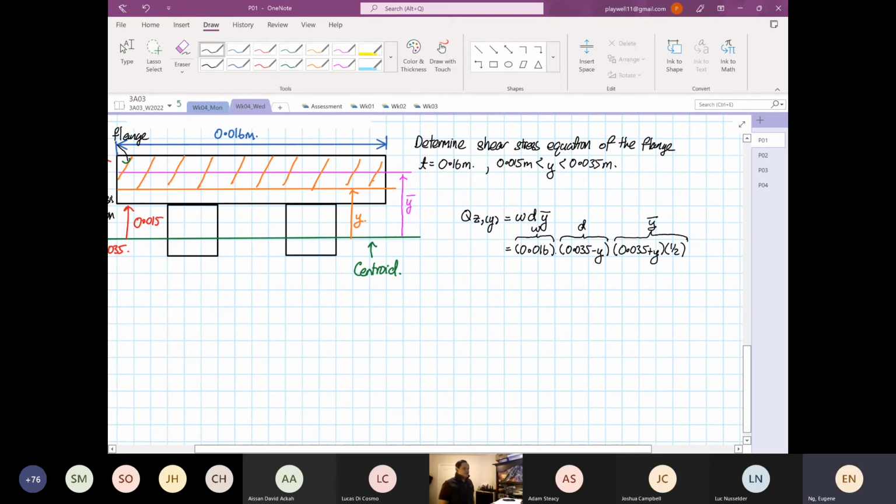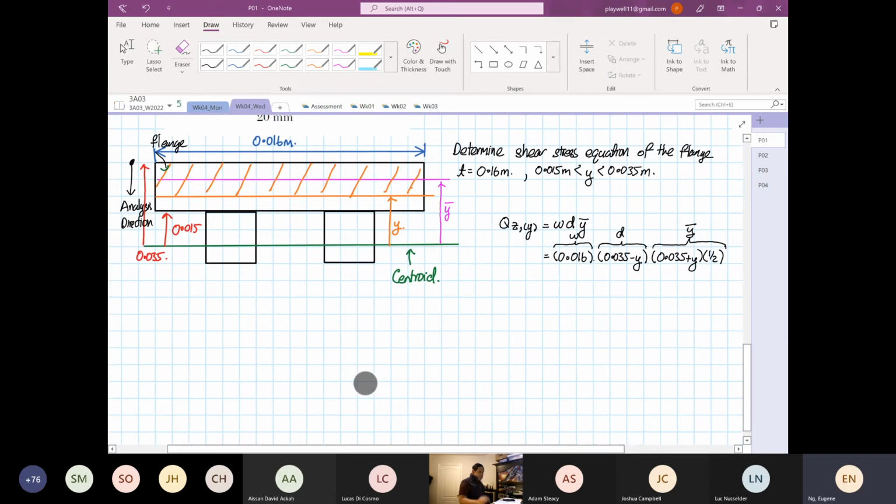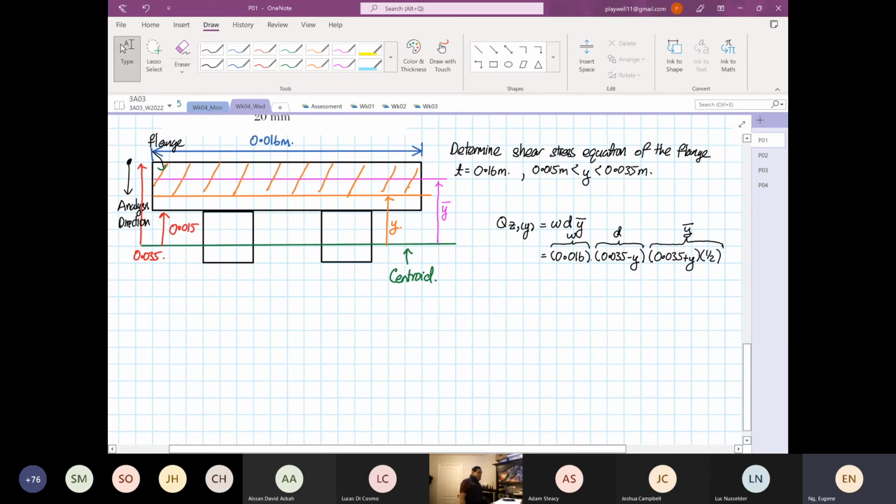Any question, anyone? Right, so it is important that we apply the rules that I've written for you. The analysis starts from what? Y max, that is 0.035 minus y. So why is the y bar 0.035 plus y multiplied by half?